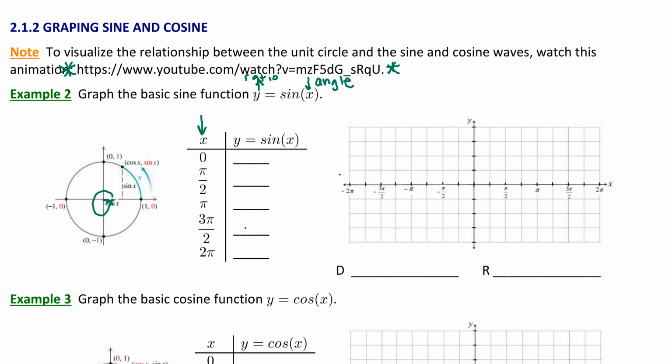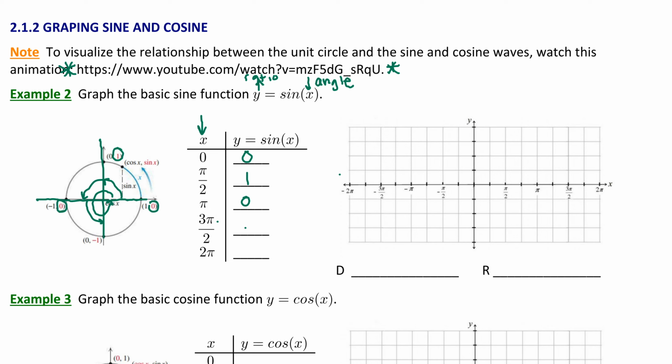So if we look at 0 radians and we evaluate sine of 0, we can pick up the y-coordinate there. The output is 0. If we rotate to pi over 2 radians and find sine of pi over 2, we can see the y-coordinate there is 1. Continuing our way around the unit circle, when we get to pi radians, sine of pi is 0.